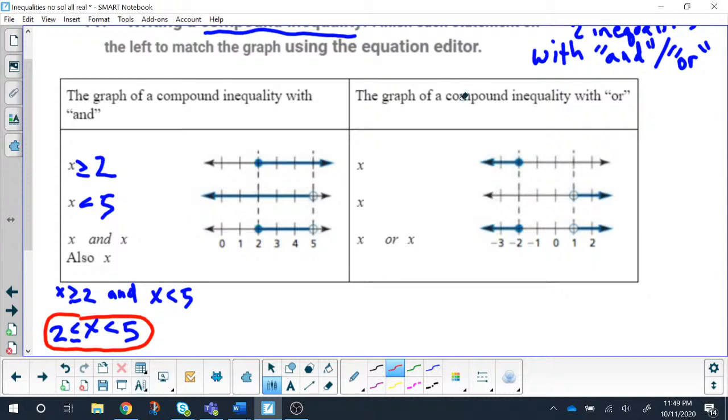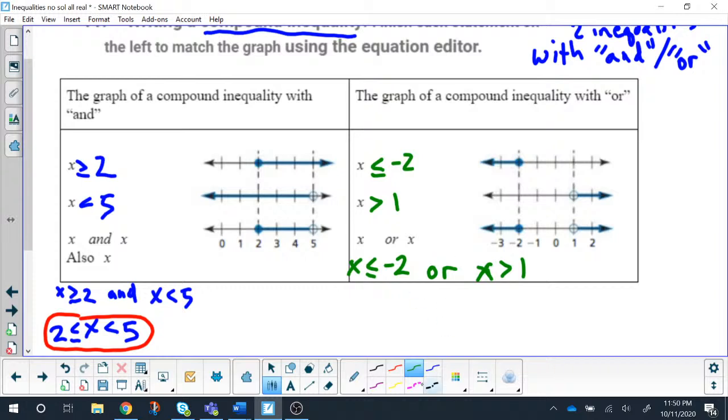Okay. Compound inequality using OR. So we have X is less than or equal to negative 2, and X is greater than 1. So we end up with this statement, X is less than or equal to negative 2, or X is greater than 1.